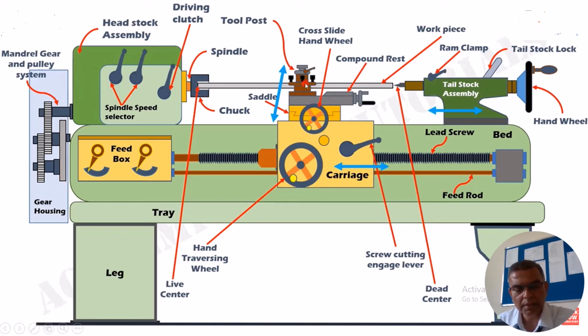By utilizing all these motions of the carriage, the tool post, and even the compound rest for tilting the tool to a certain angle with respect to the lathe axis, these features are used to generate the required profile on the workpiece to finally get the desired shape and size. So these are some of the parts we generally observe in the lathe machine.